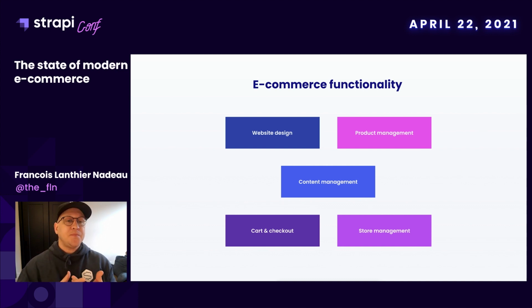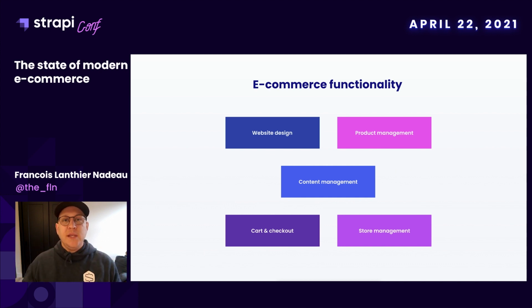Last bit of functionality is store management. And what we mean by that is all of the operations behind the scenes that as a merchant you'll have to do. So managing orders, fulfilling them, contacting customers, defining shipping methods and rates, managing taxes, retrieving abandoned carts.